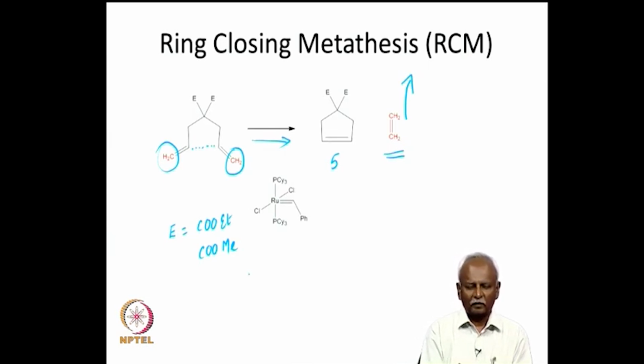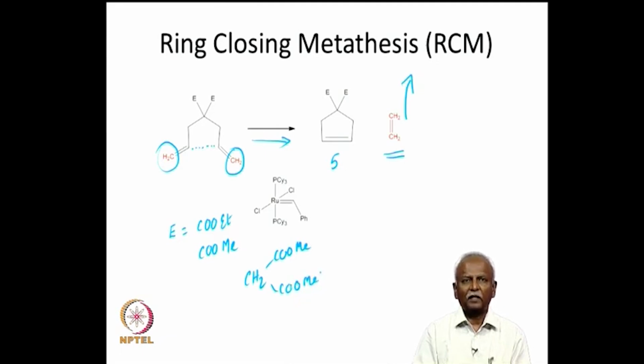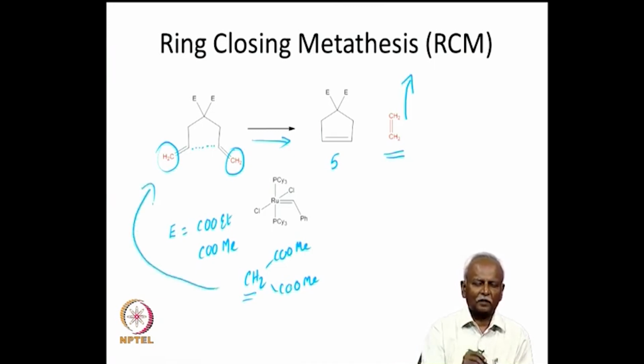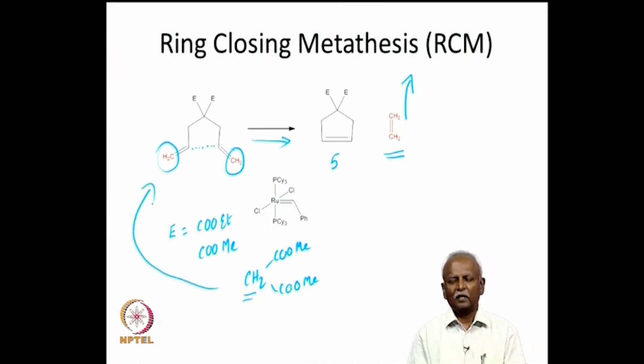So, if you take CH2(COOMe)2, dimethyl malonate, and you alkylate this active carbon, then you will end up with this particular starting material, and it is a very convenient starting material.